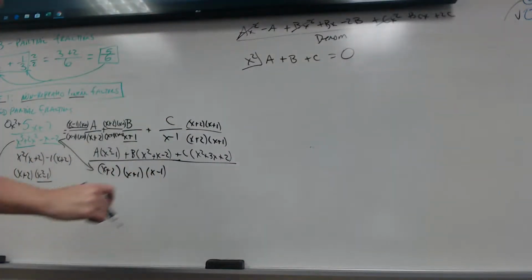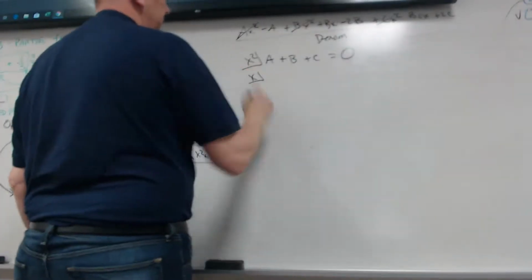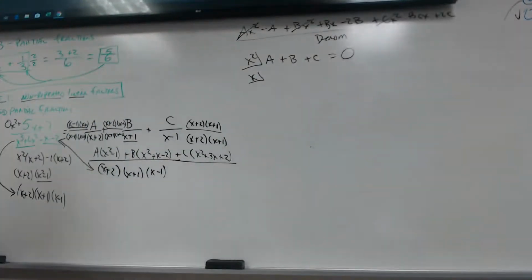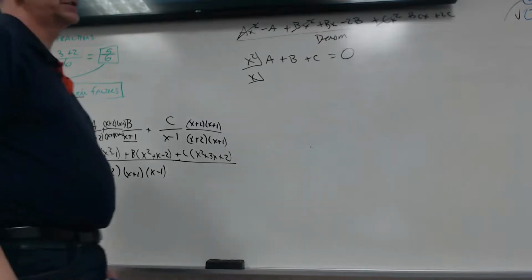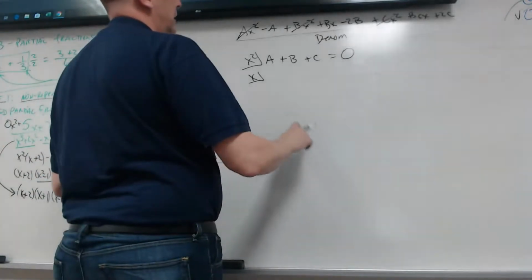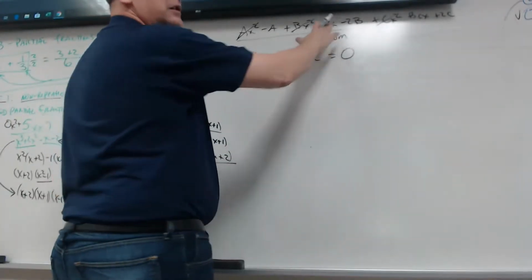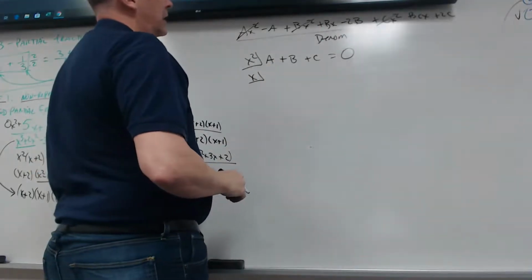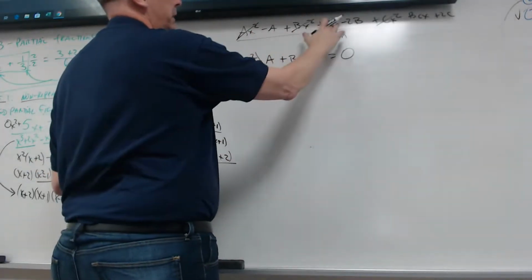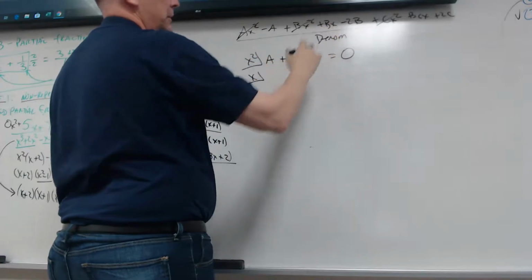Now I'm going to do the same thing with my x term. Daniel, can you give me the coefficients of all of the x terms? I don't have any here, but I've got this one, b.